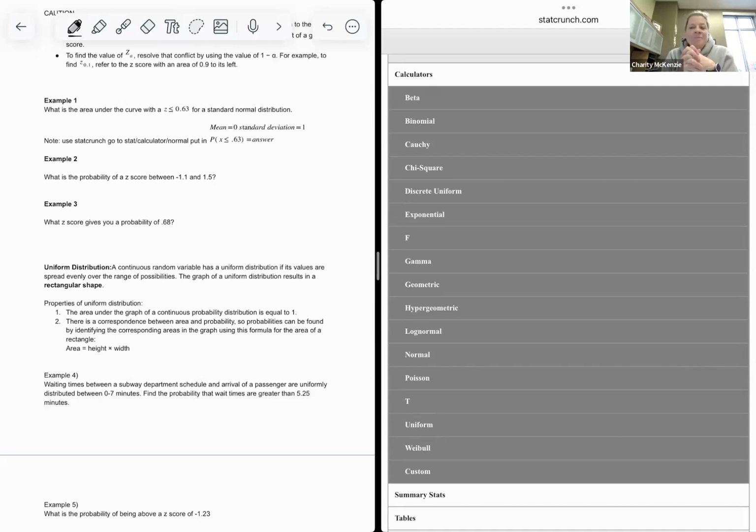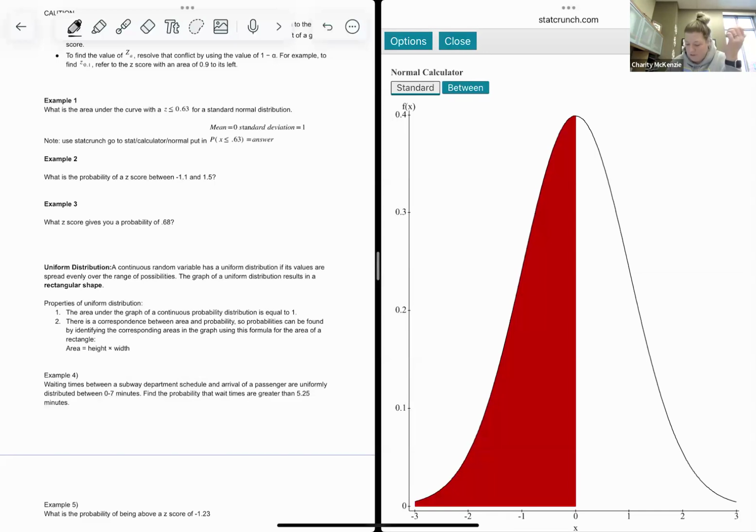People start to think like, my data isn't right if I don't have normal. No, there are tons of distributions. Normal is very common, but look at all these other distributions we could have. So don't think that just because we're using the normal that there aren't other distributions.